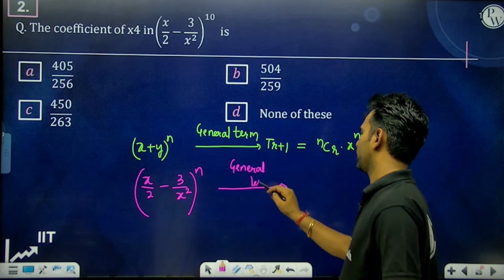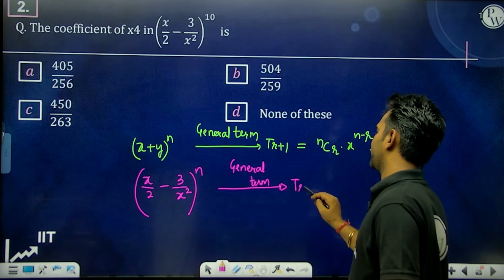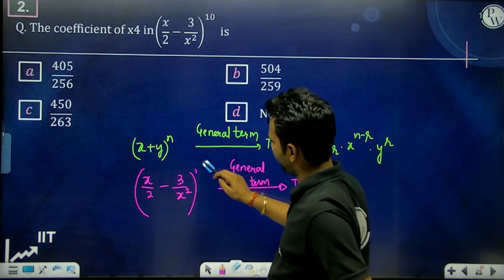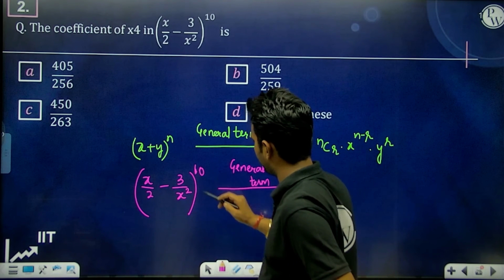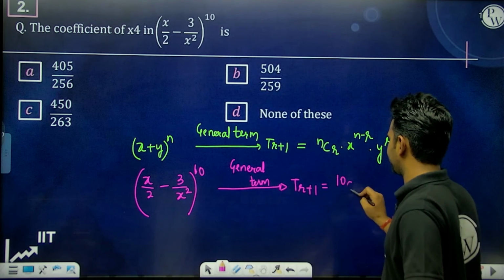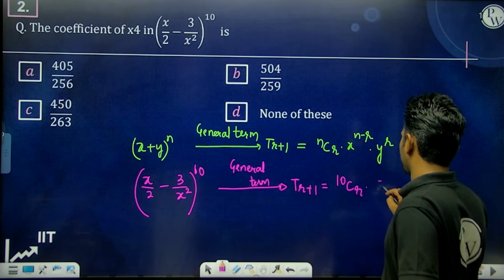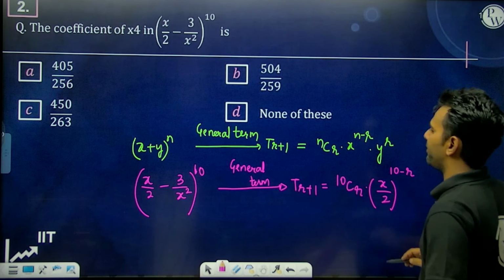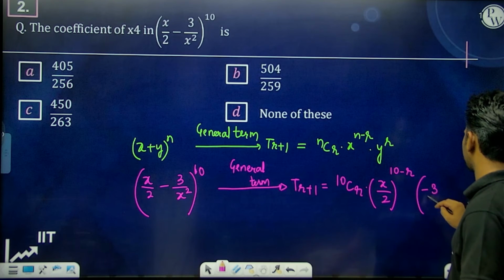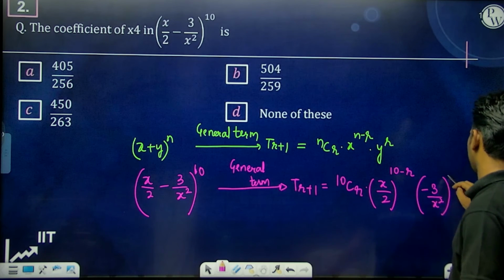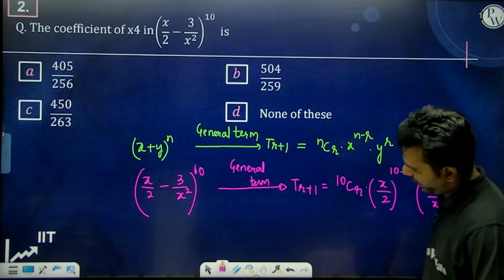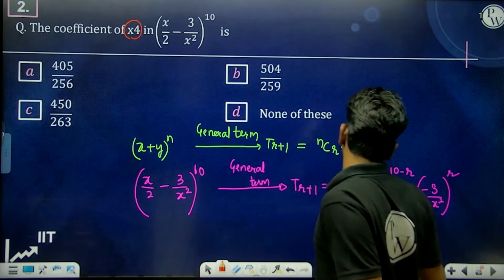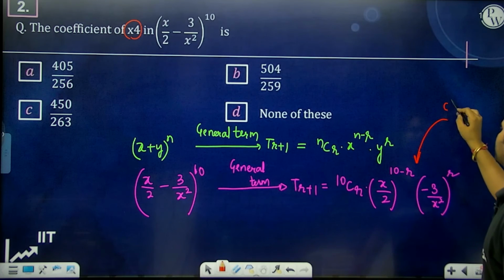Yes or no? So if we write that down, n's value is 10, by the way. So it is going to be 10Cr. In place of x we have x by 2, so it is going to be something like this, and in place of y we have minus 3 by x square, to the whole power r. Okay, now the question is asking us the coefficient of x to the power 4. So ultimately we have to club all x terms together over here.